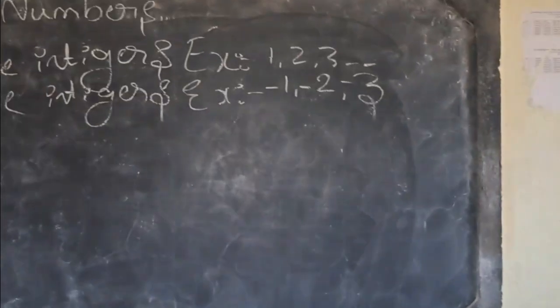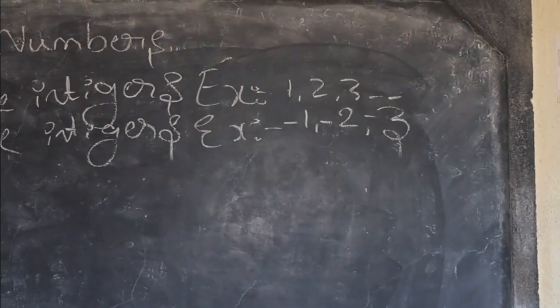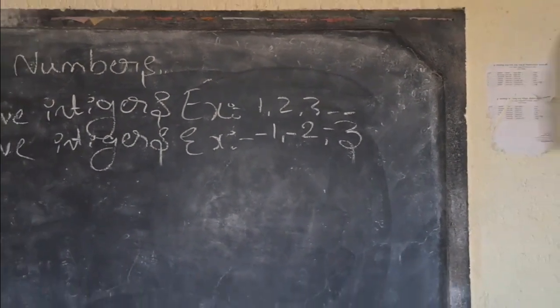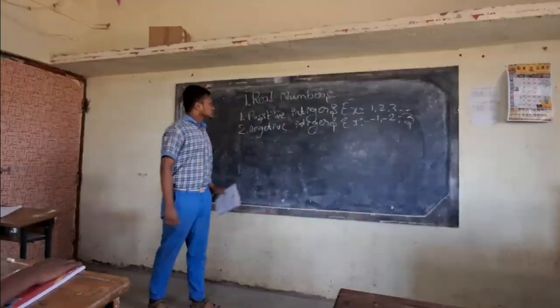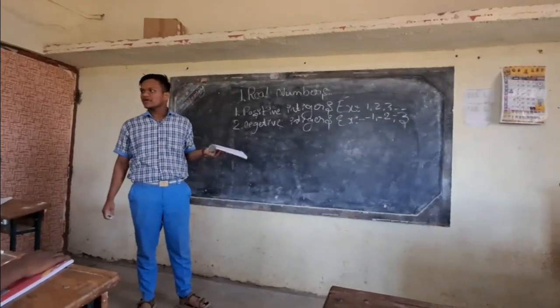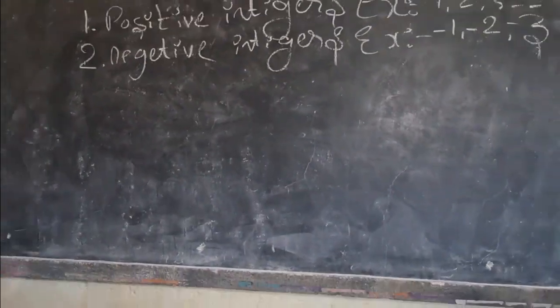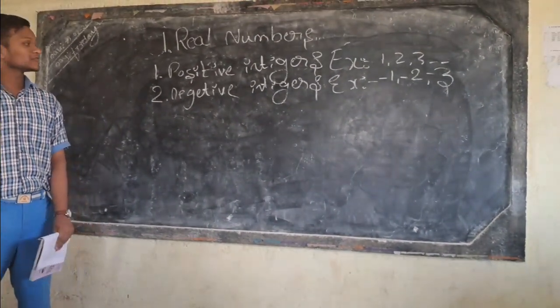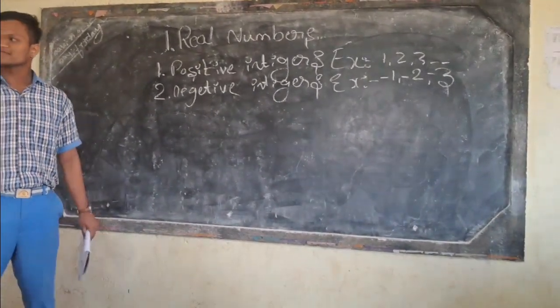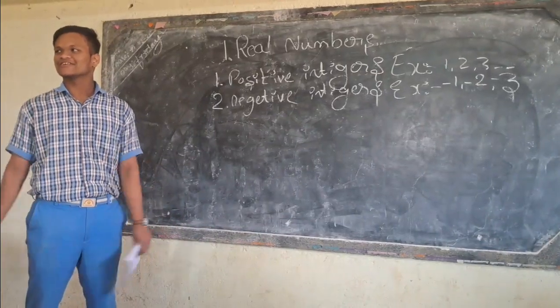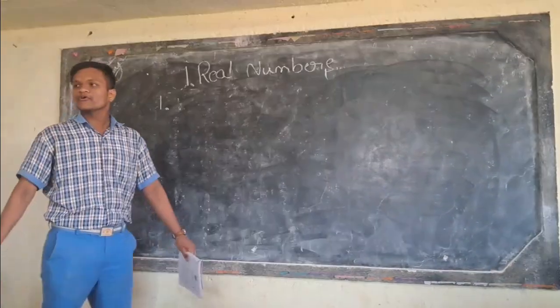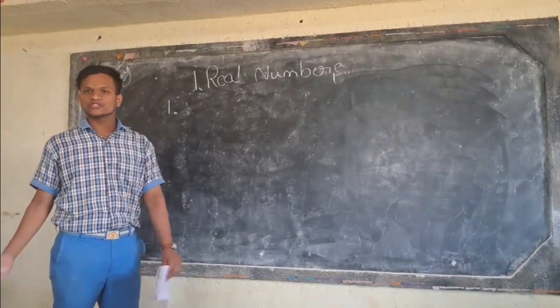Positive integers are always greater than 0 and negative integers are always smaller than 0. Okay, clear? Any doubts? Then 0. Is it a positive or negative integer? It's a constant.